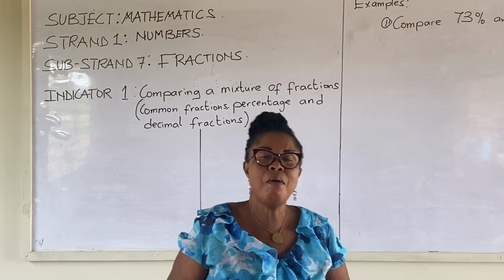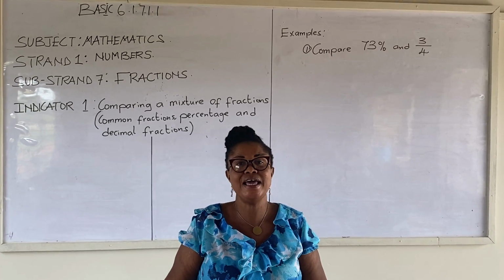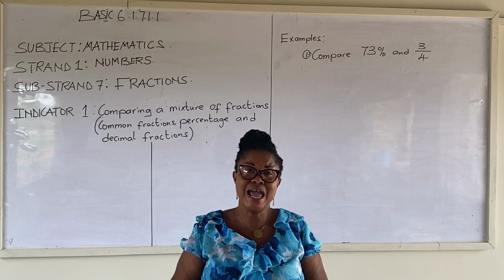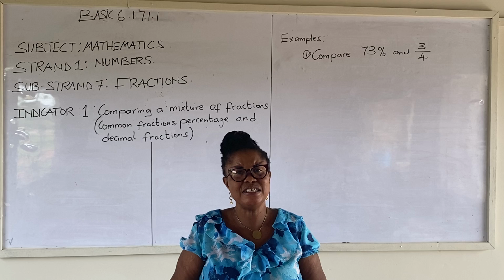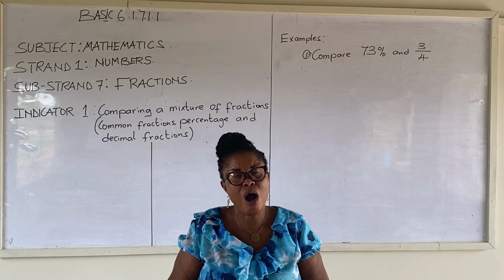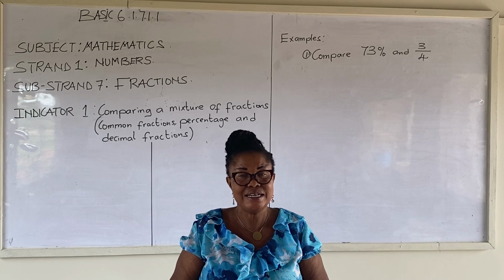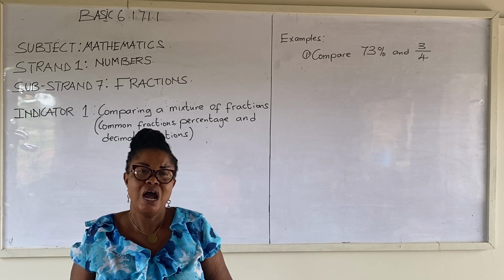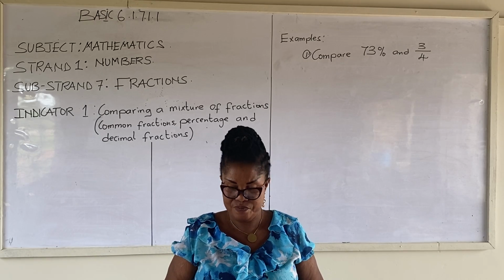Now, from our RPK, we know that a fraction is part of a whole. But today we are going to compare 3 different fractions, which are common fraction, percentage, and decimal fraction. Now, how do we compare fractions?